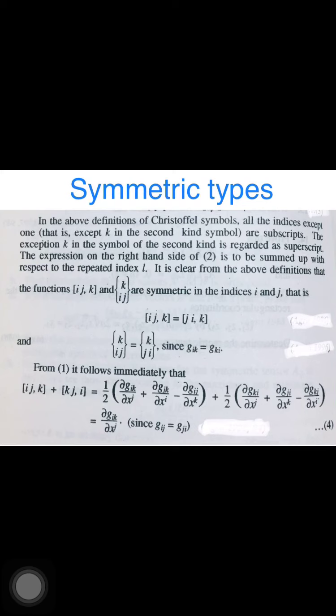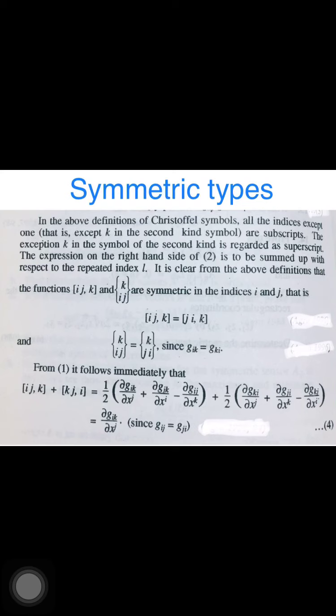The exception k in the symbol of the second kind is regarded as a superscript. The expression on the right hand side of 2 is summed with respect to the repeated index l. It is clear from the definition that the symbols [ij, k] and {k over ij} are symmetric in the indices i and j. This is the main important thing: the first two indices are symmetric.